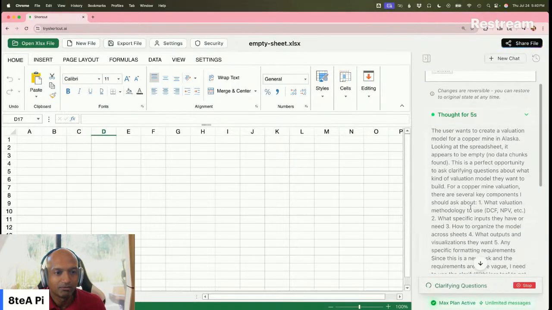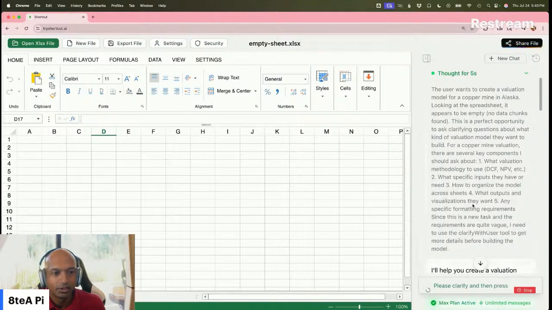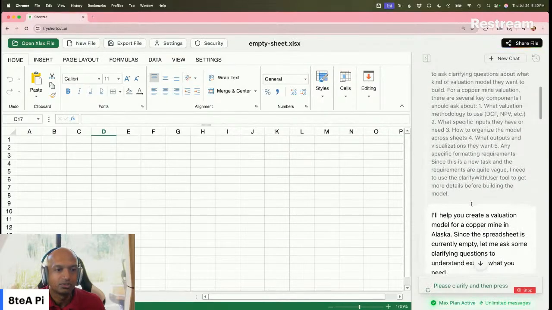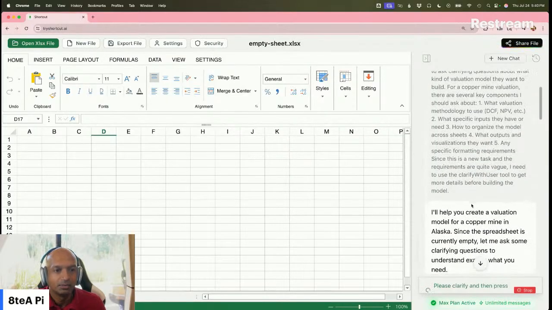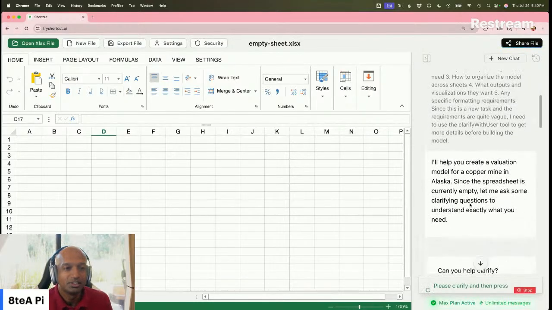I should ask what valuation methodology to use, DCF, NPV, what specific inputs they have or need, how to organize the model across sheets, what outputs and visualizations they want, and specific formatting requirements. Since it's a new task and the requirements are quite vague, I need to use the clarify with user tool. So they have a clarify with user tool. That's nice.